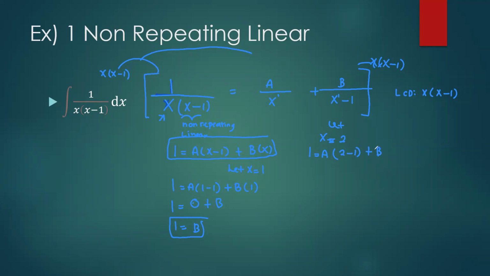Whoops, I'm going to replace my B value with 1, sorry, and then I'm going to replace my x value with 2. And then 2 minus 1 is 1, 1 times 2 is 2. So A times 1 is A, plus 2. Solve for A, so I'm going to subtract 2. I get A equals 1 minus 2, which is negative 1.